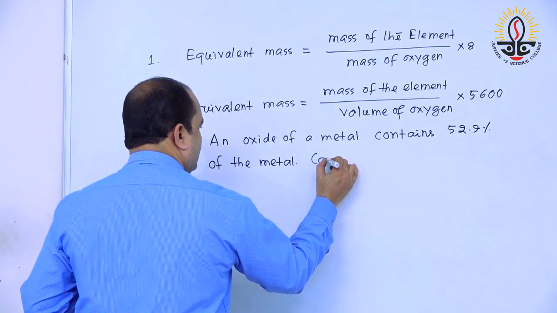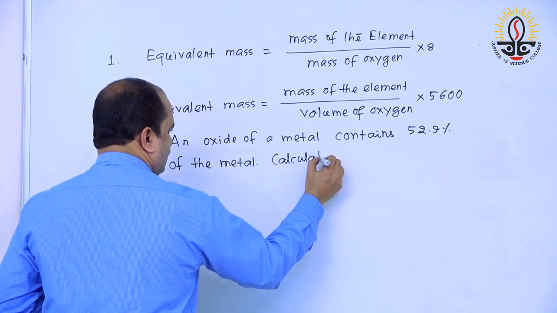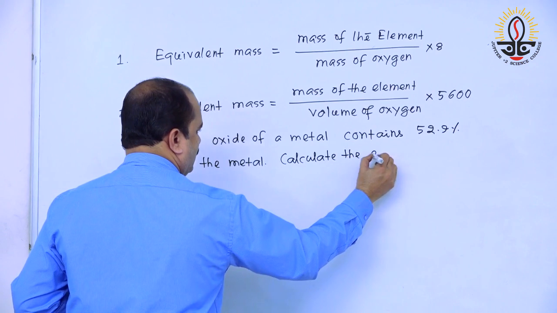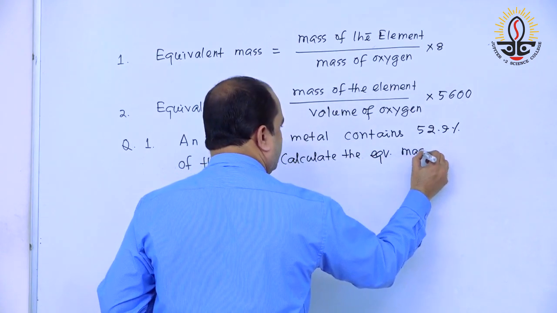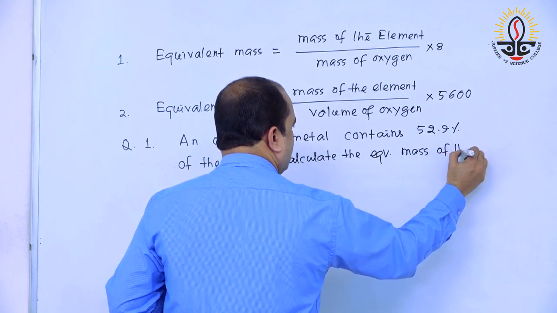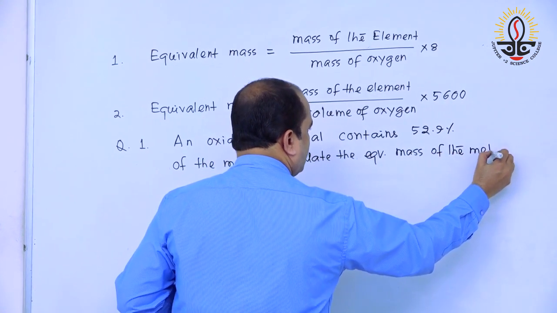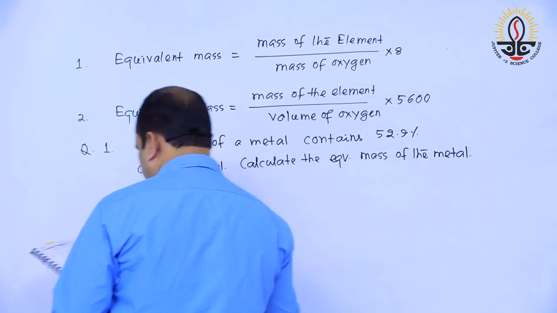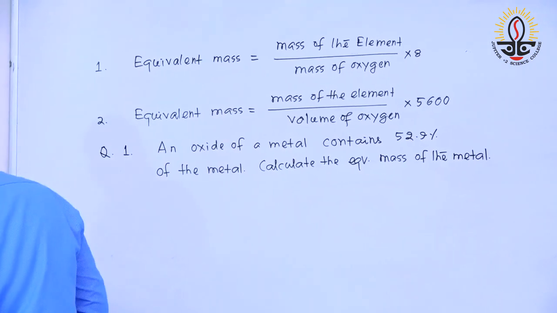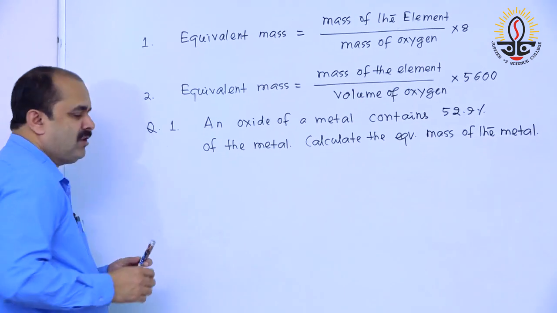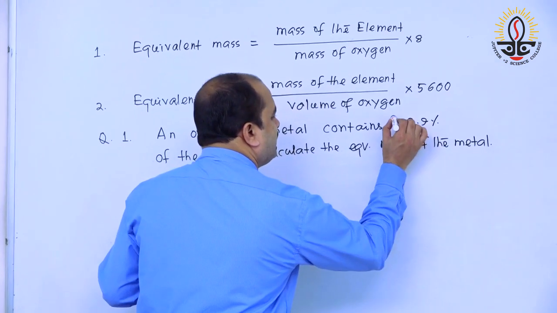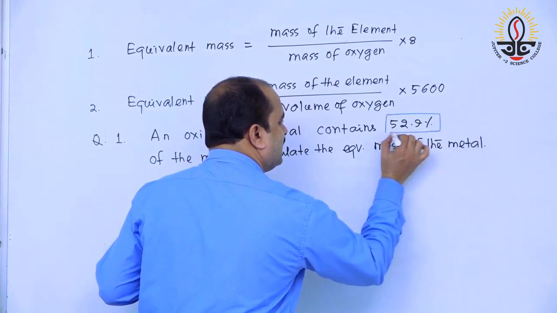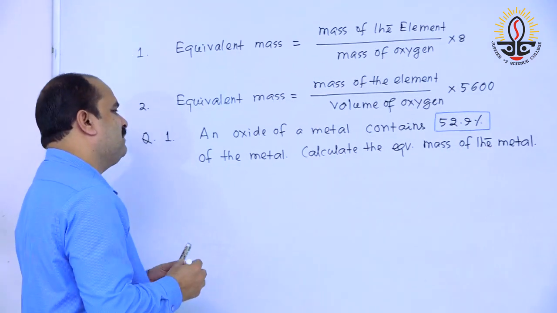Calculate the equivalent mass of the metal. We have to calculate the equivalent mass of the metal. Here an oxide of a metal contains 52.9% of the metal.